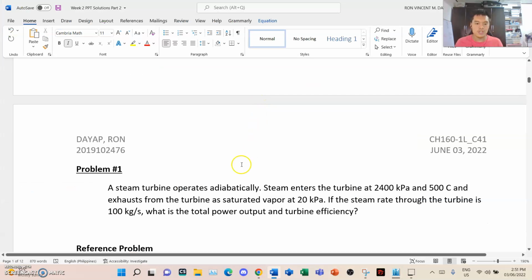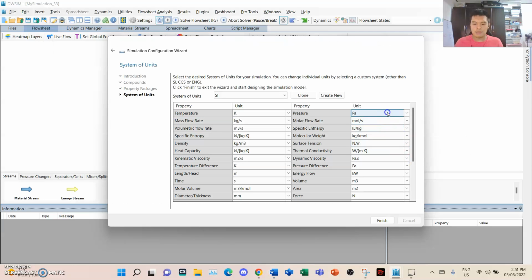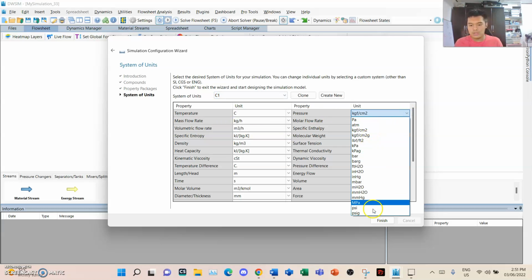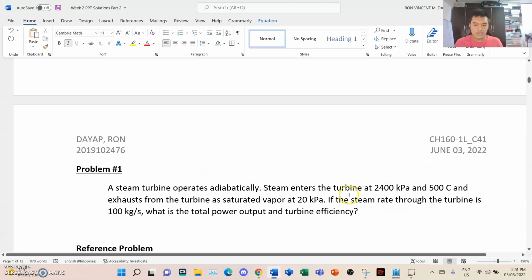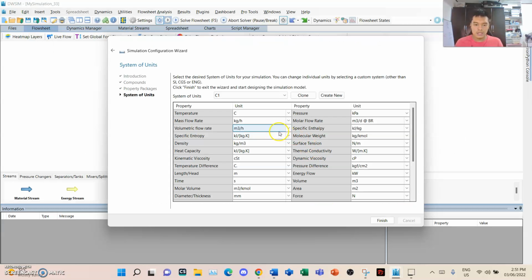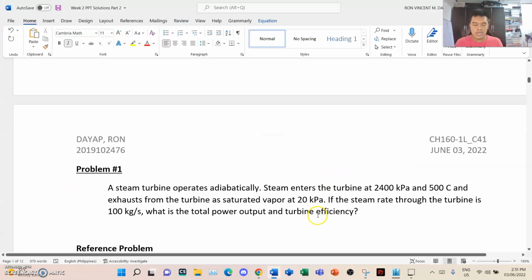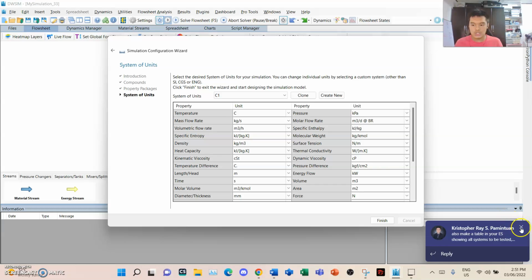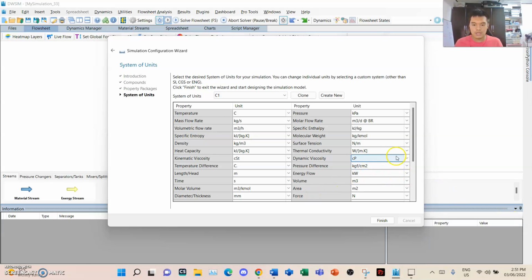Next, system of units. So the pressure is at kPa, kilopascal. Sorry, we need to create our own. So kilopascal, then temperature is at Celsius, and mass flow rate is kilogram per second. Then pressure change is also kilopascal.